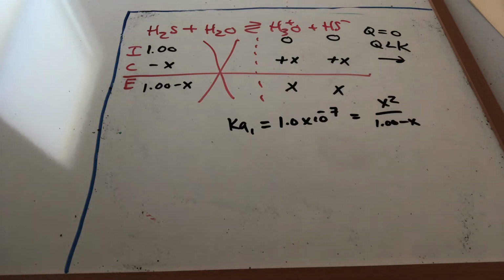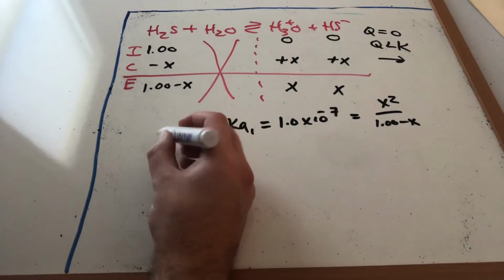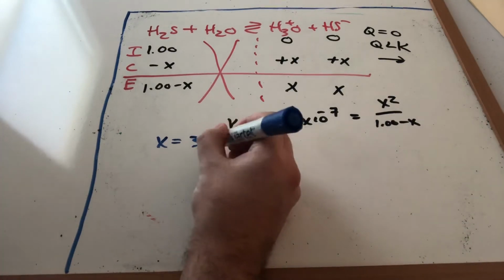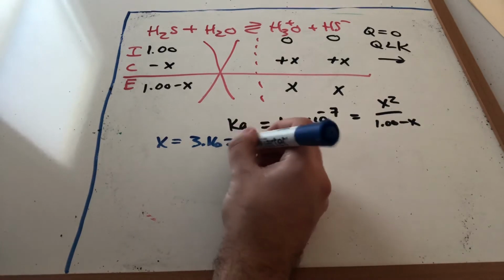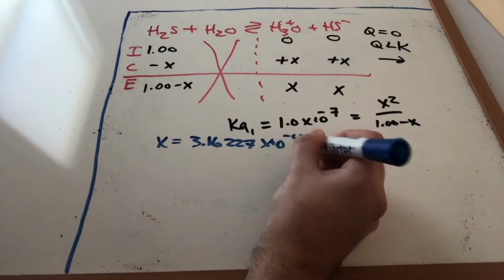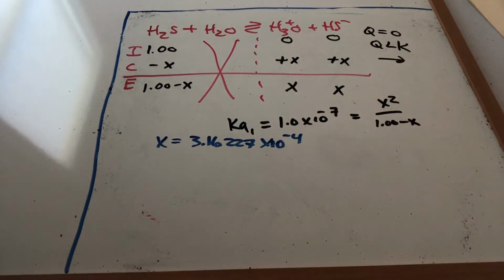You're going to check my work, but when I solve this for X, what I get for my X is, let me check my notes, 3.16227 times 10 to the minus 4.